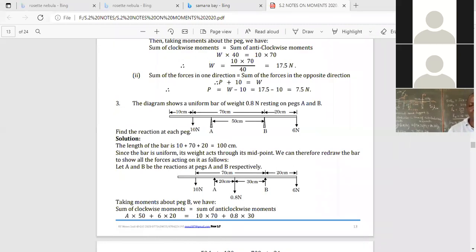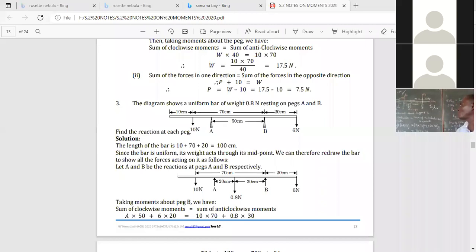No. Listen very carefully. I know I have two unknowns. Which are the unknowns? RA and RB. Both of them act at a certain point, and those are the pivots.